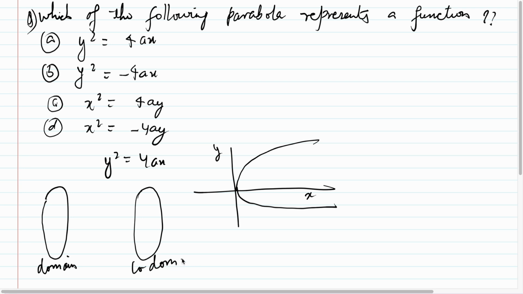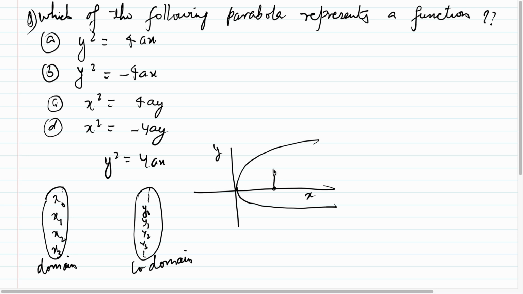Let us say the elements in the domain set are x0, x1, x2, x3, and there are many more elements, say y0, y1, y2, y3, etc. in the codomain. For a curve to represent a function, for every x value there should be strictly one value of y.